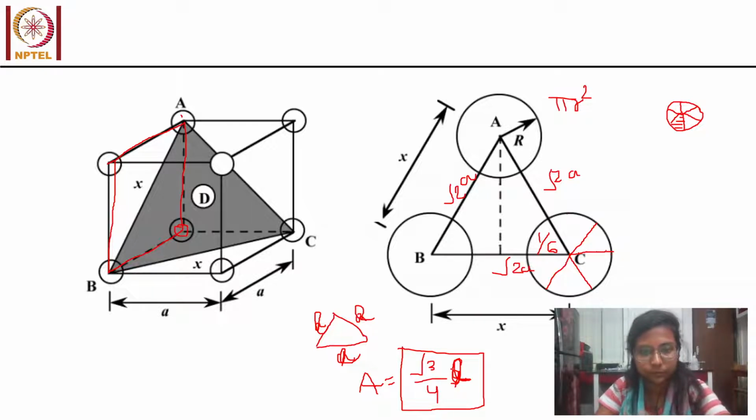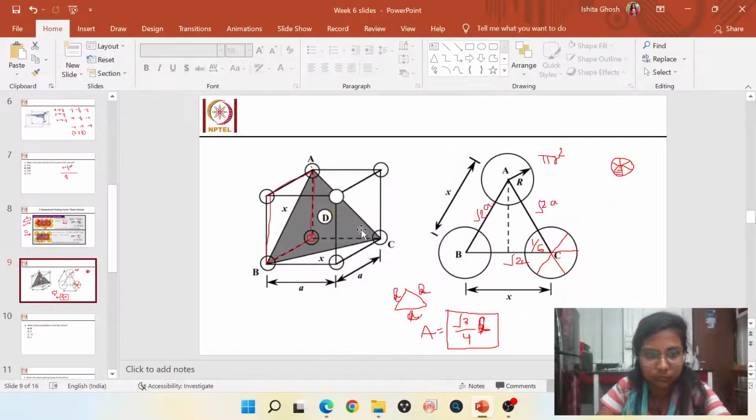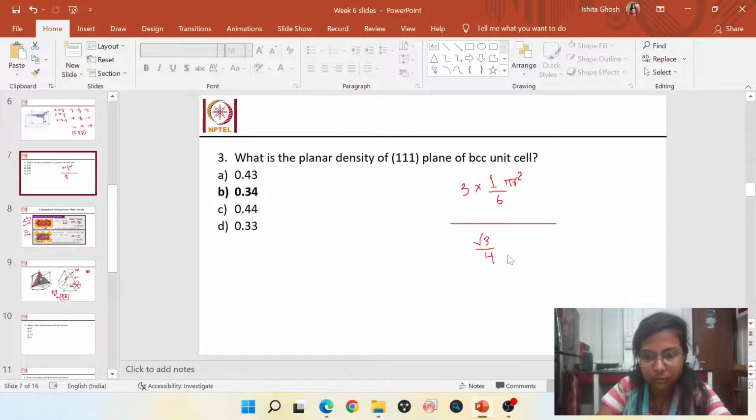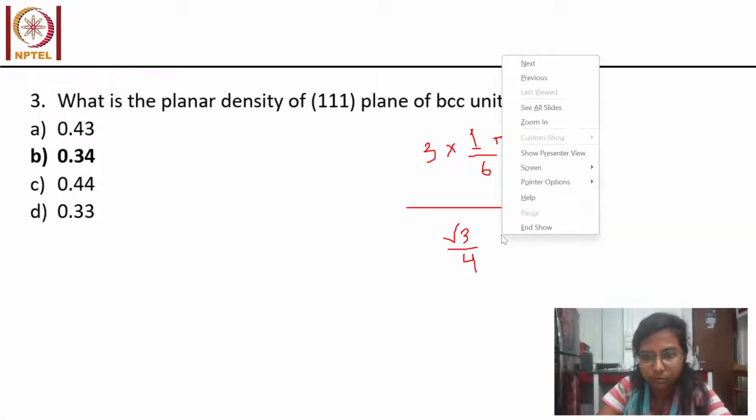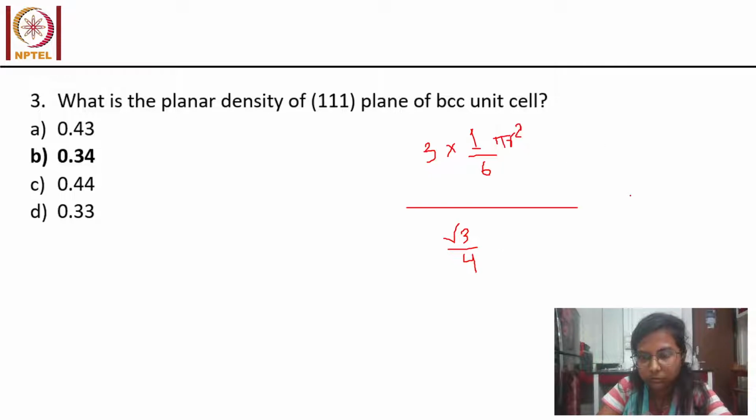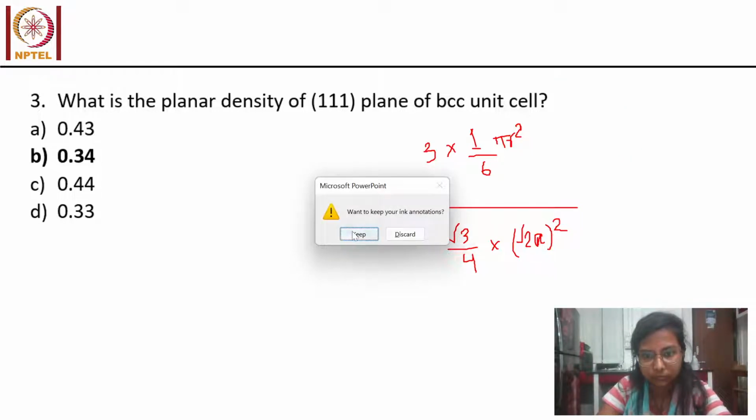So root 3 by 4 into the square of the edge length of the triangle, which is my root 2A squared. So I hope you do not have any confusion.